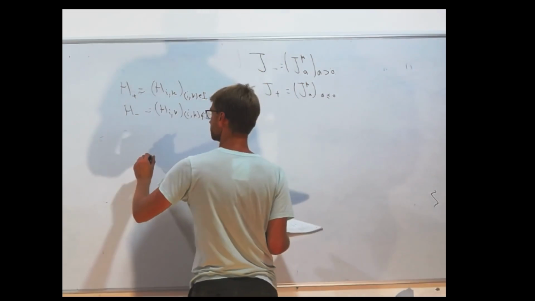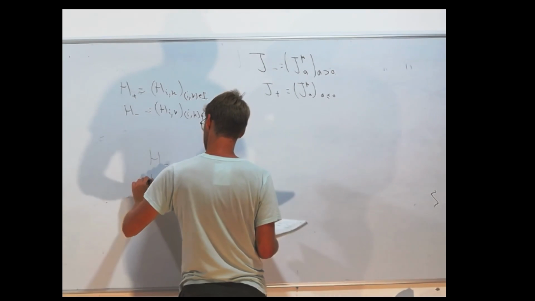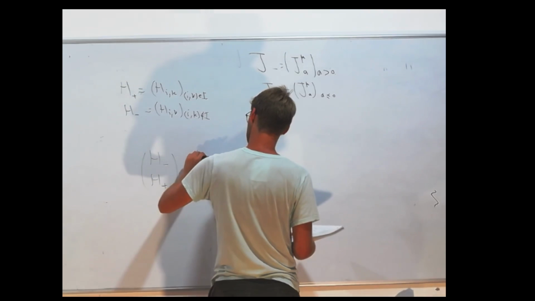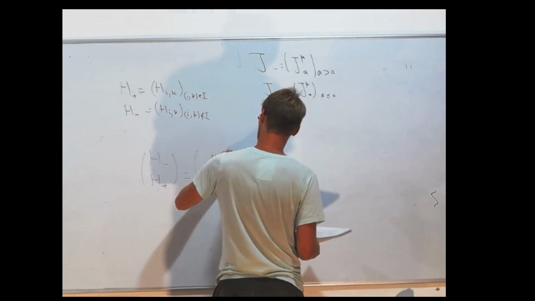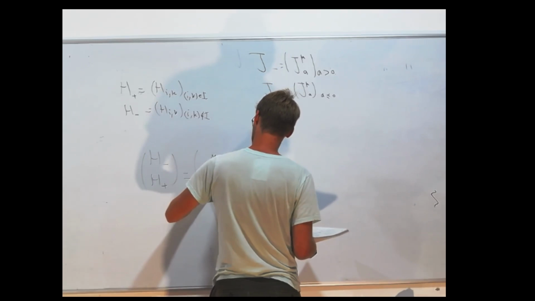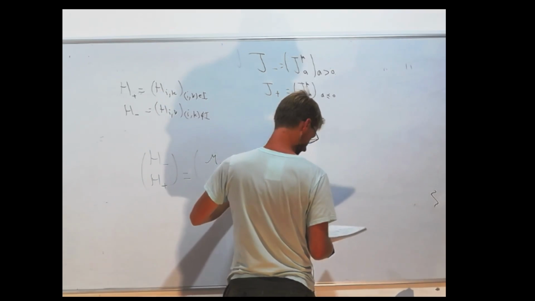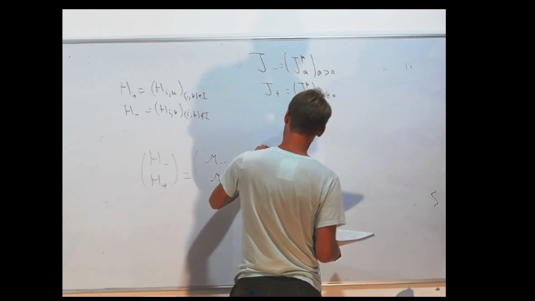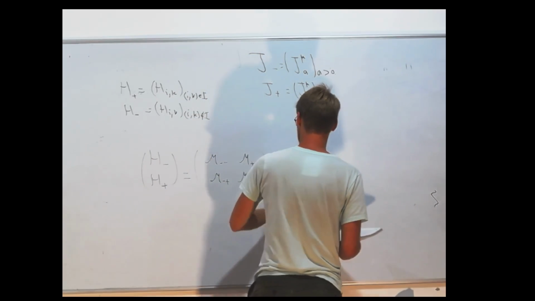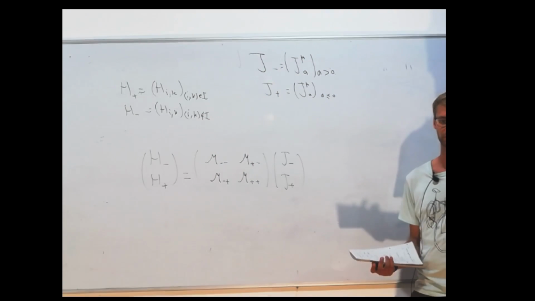What we have now is some kind of formula that symbolically we can write like this. And we know that this entire thing is invertible. And that's as far as we got.